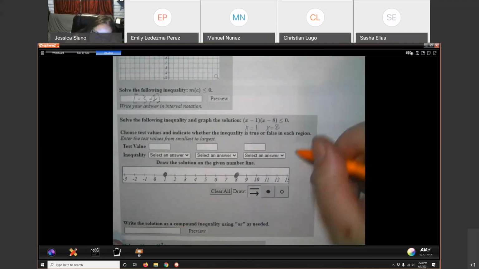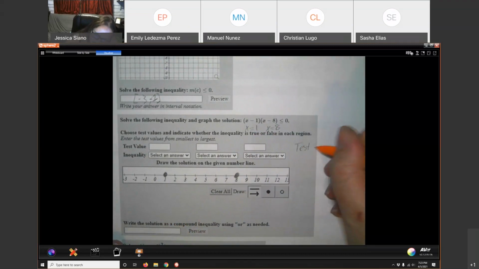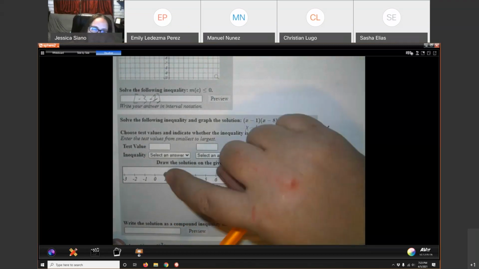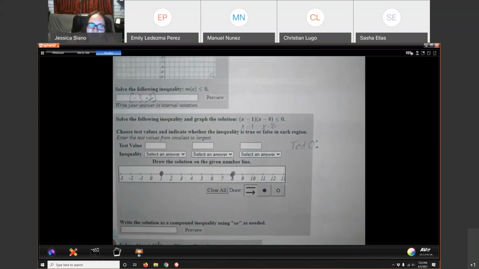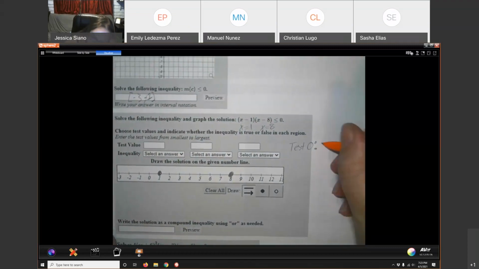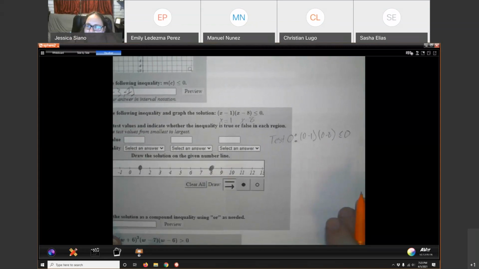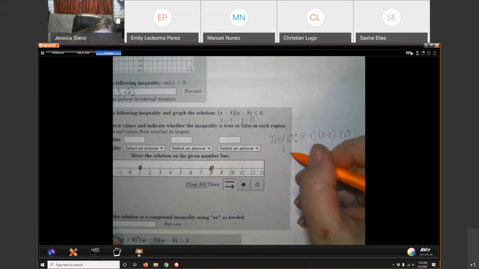So let's start by testing 0. We're going to test a number on this side of my number line, and we'll choose 0. 0 is usually the easiest to choose. If I can choose it, I do. So I'm going to do 0 minus 1 and then 0 minus 8. And I'm checking to see, is that less than or equal to 0? So I'm going to get -1 times -8.